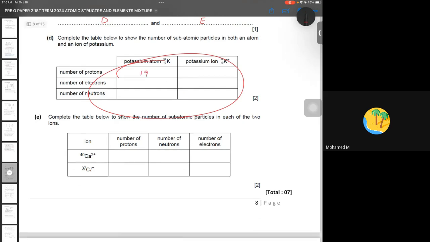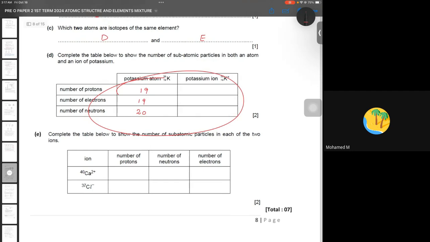Number of protons 19, number of electrons 19, and neutrons are 20, 39 minus 19. So protons are 19, but electrons are 18 because this is plus 1, meaning the loss of one electron, but the neutron would be the same.